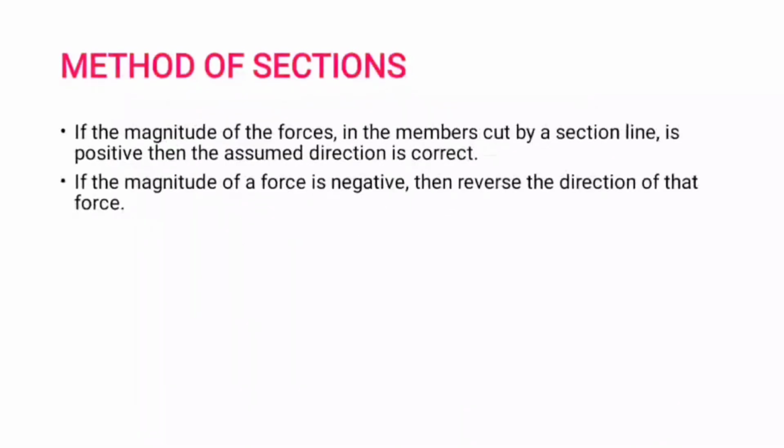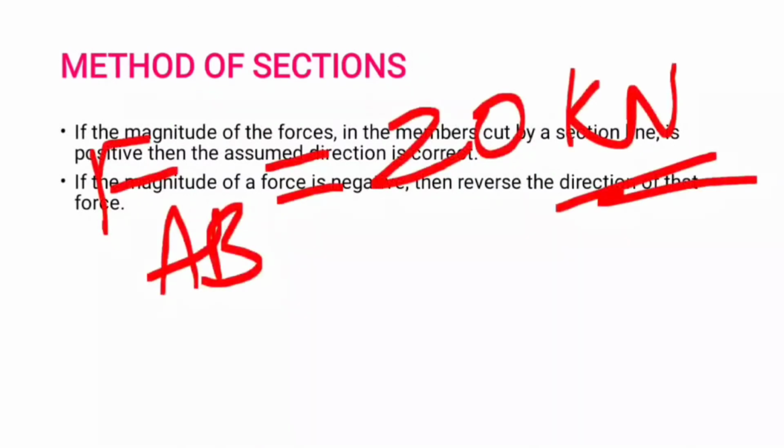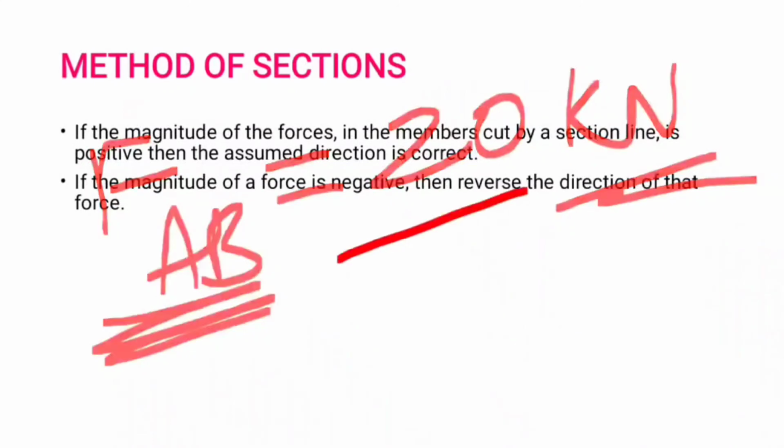Next, if the magnitude of the forces in the members cut by a section line is positive, then the assumed direction is correct. Before I start the method of sections, I assume some direction. If the value is positive, it is correct. If the force in member AB is equal to 20, let's say kilonewtons, the direction I assumed, whether tensile or compressive, is correct.